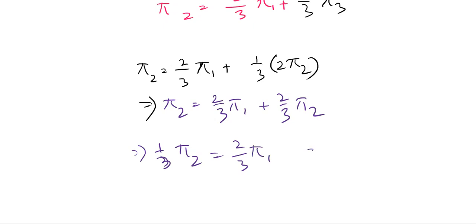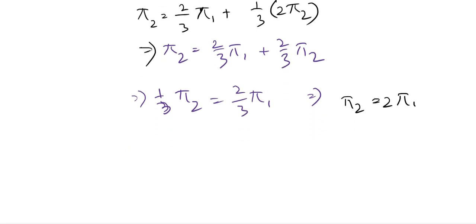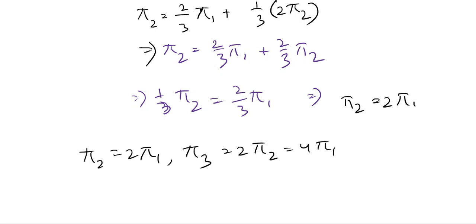So that means pi 2 equals 2 pi 1. So now we have the relationships: pi 2 equals 2 pi 1, pi 3 equals 2 pi 2 equals 4 pi 1, and pi 4 equals 2 pi 3 equals 8 pi 1.